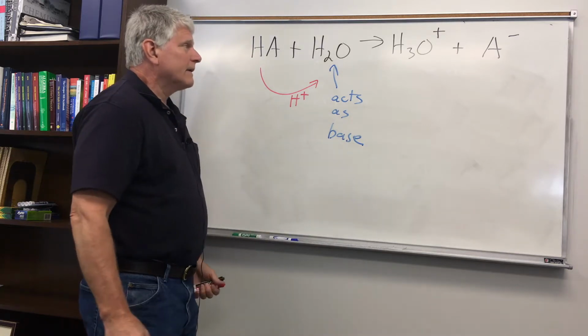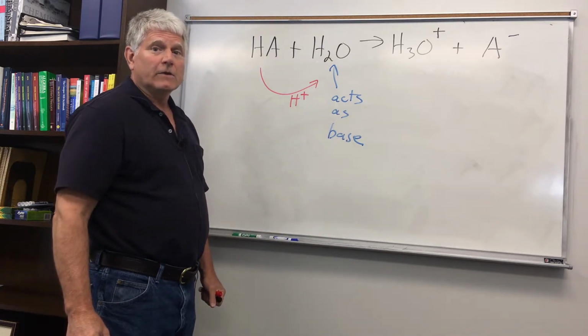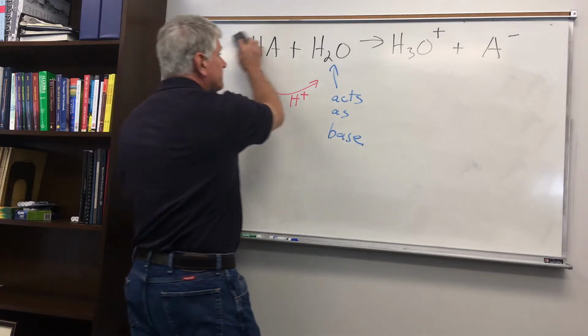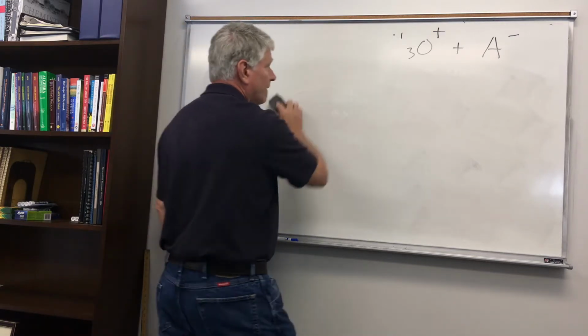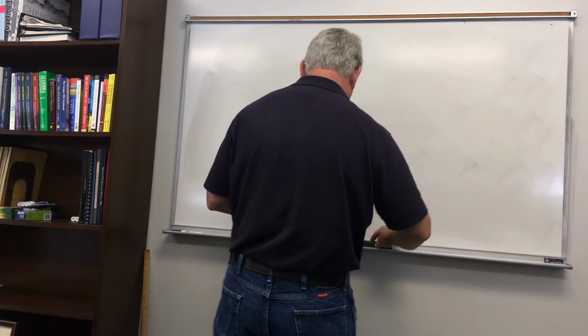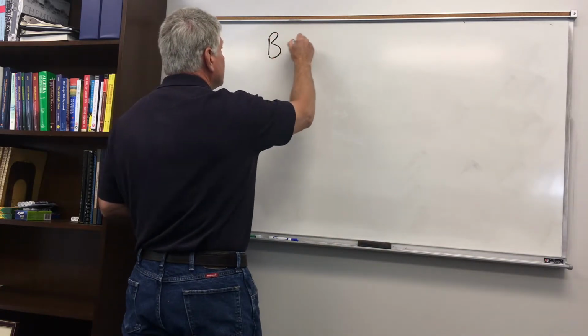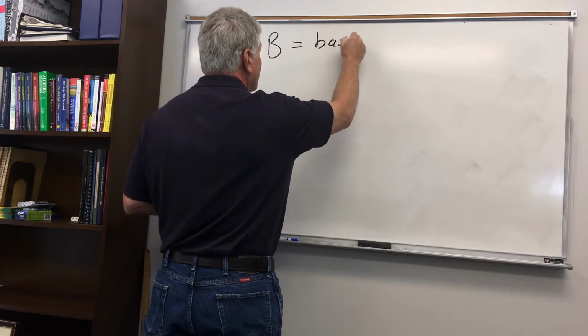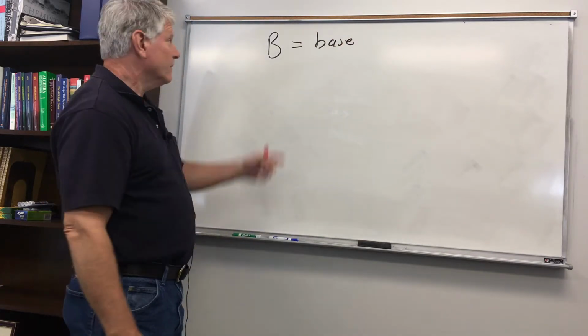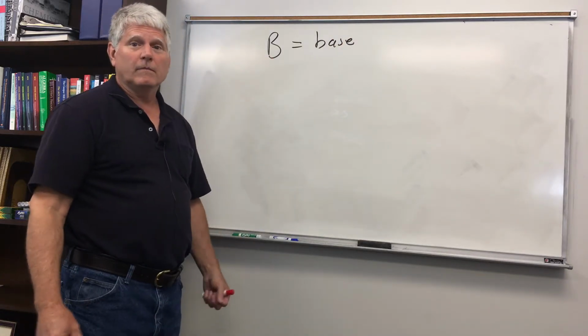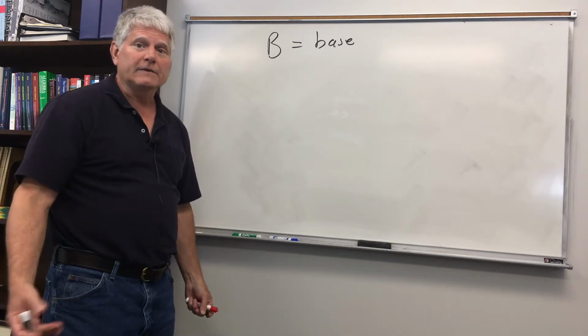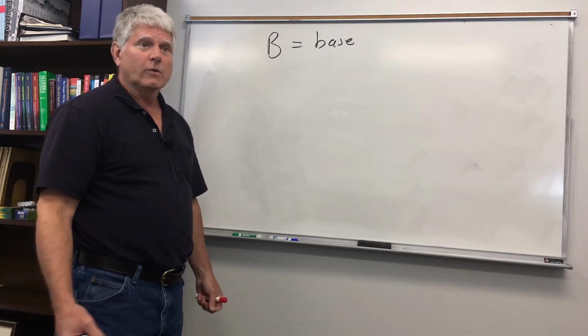Let's look at the reaction of a base in water. So I'll just represent B as base. So B stands for some molecular formula. It could be NH3, say for ammonia, or some other base.